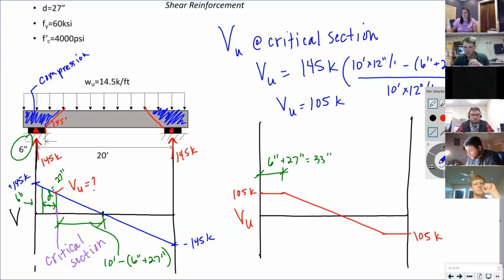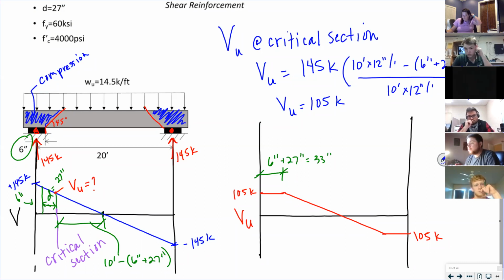So we don't have to design until we get to that d away from the face. You can do that using similar triangles. Anybody have any questions about that?